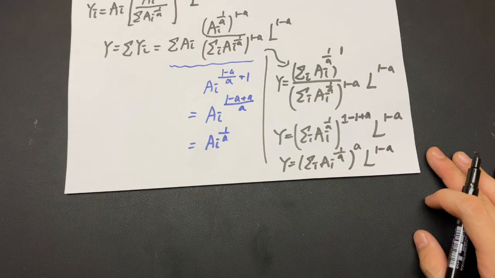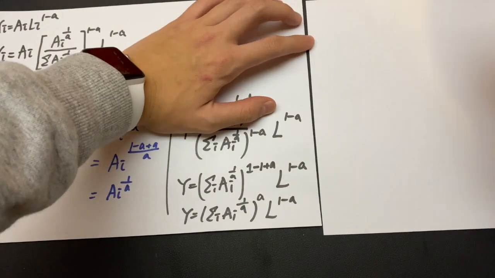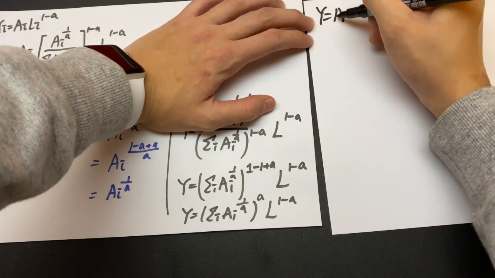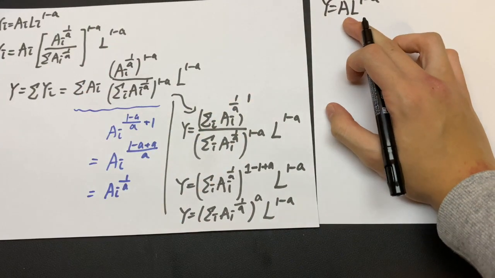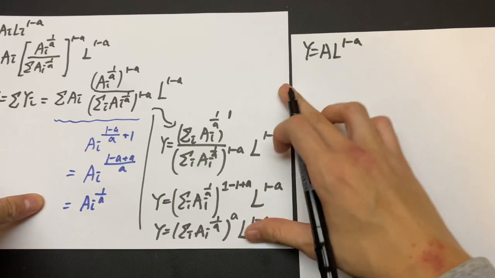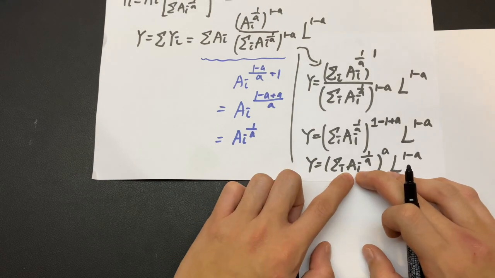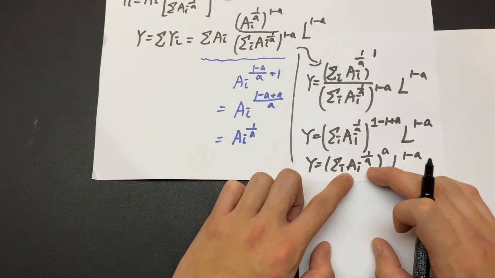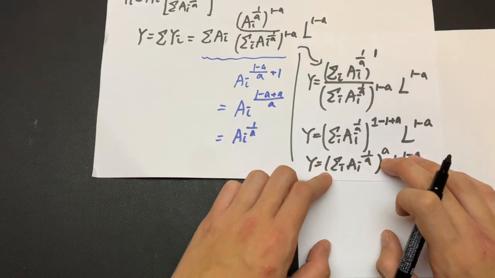So right now, if you were given this simple form of aggregate production function, you should know what this A means. This A, being the total factor productivity, is actually each firm's total factor productivity to the power 1 over alpha, the summation of this to the power alpha.